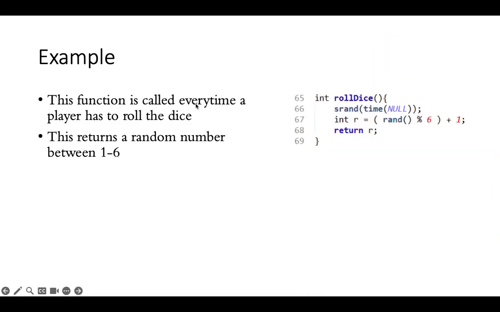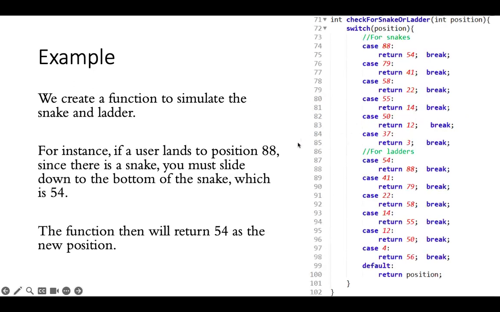And this function, on the other hand, is called every time a player has to roll the dice. So we have the roll dice function, and this returns a random number between 1 to 6. And we are going to create a function to simulate the snake and the ladder.